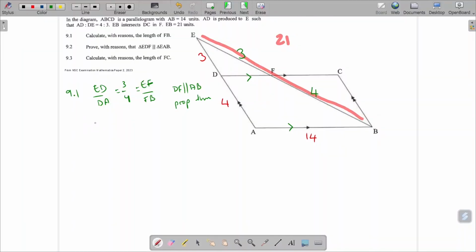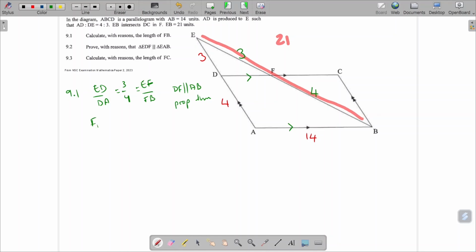As a result, we've spoken about this before, that if you have part to part, then we also have part to whole. So if EF to FB is 3:4, then the entire length would have a proportional value of 7 parts, because of the 3 parts from EF and the 4 parts from FB. So we're talking about FB here.